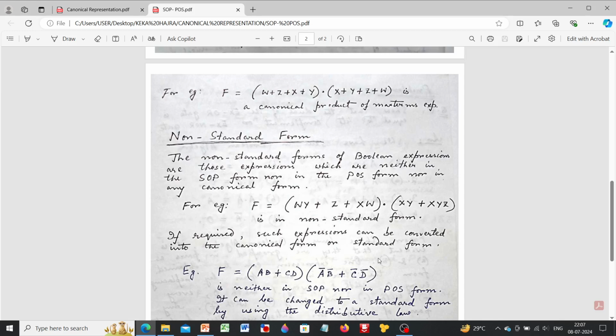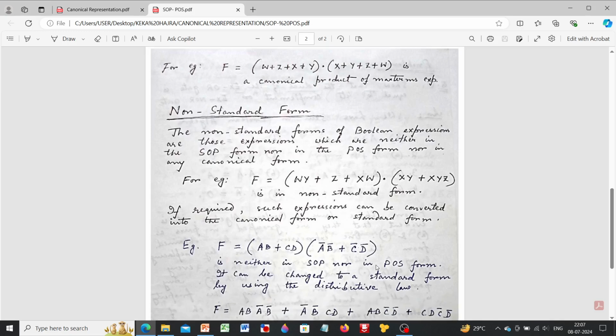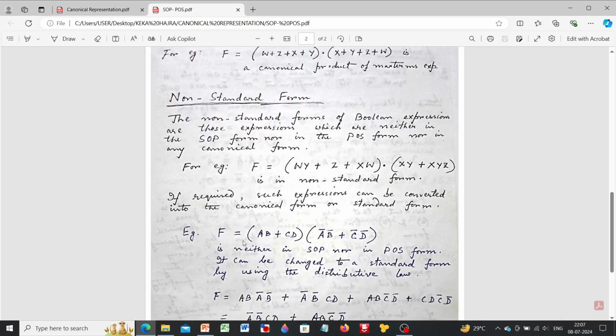But if we want, then such a non-standard form of representation can be converted into either canonical form or standard form. Example, we are taking another example like this: f equal to (ab plus cd) ANDed with (a bar b bar plus c bar d bar).